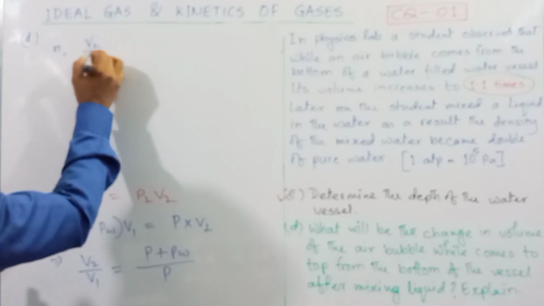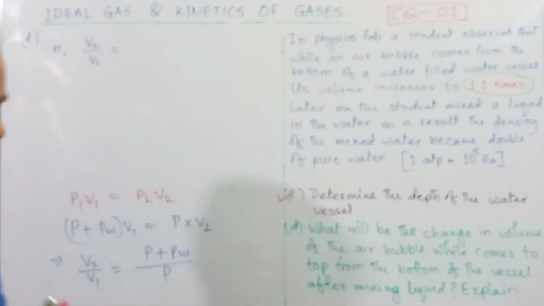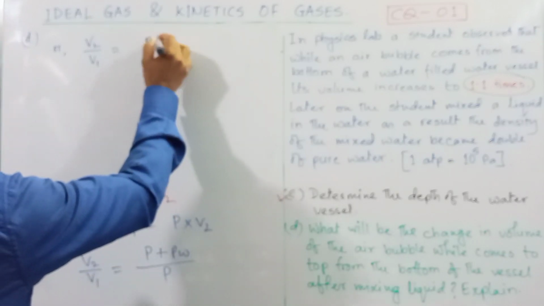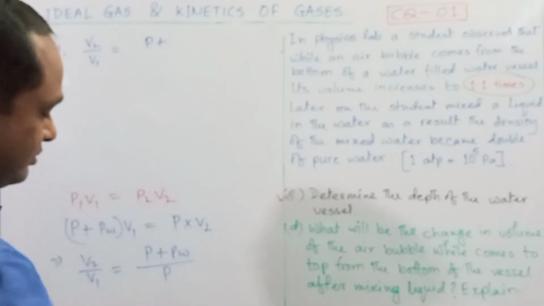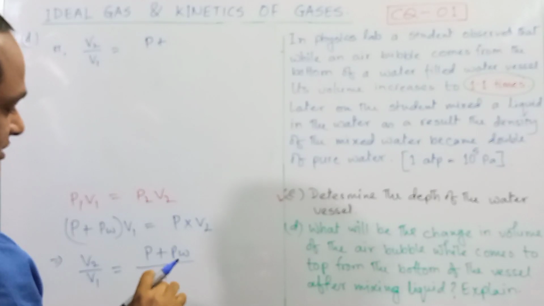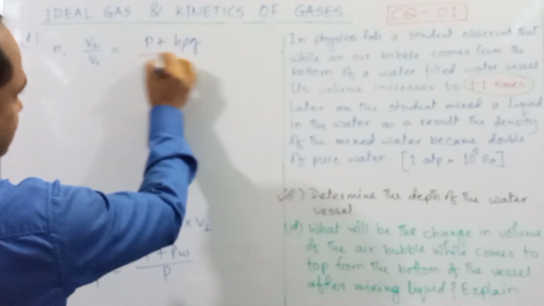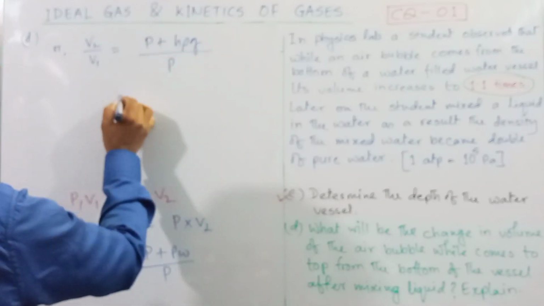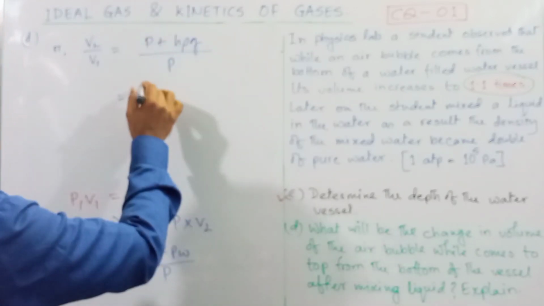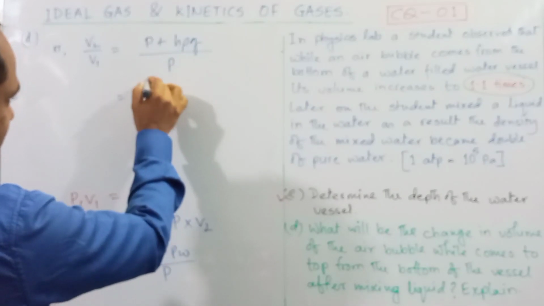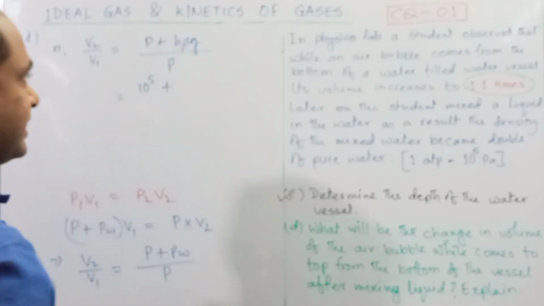Or V2 by V1 is equal to, dear student, you know P is the atmospheric pressure and PW is the pressure exerted by the water column, which can be expressed as H rho G, divided by P.